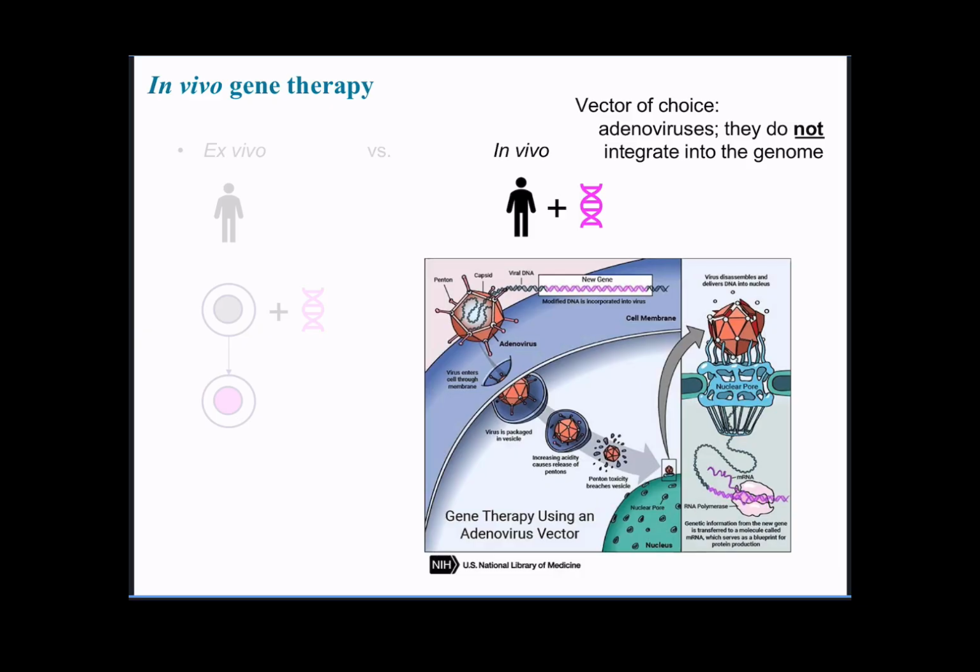So the cartoon here is showing how you have a patient suffering a condition, and you have the gene that you would like to introduce into that patient. What you do is you package that gene into a modified adenovirus. That adenovirus will infect the cells in the organism, bring with it the DNA cargo all the way into the nucleus.